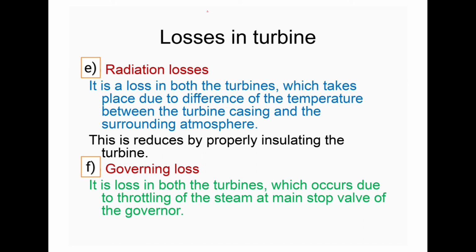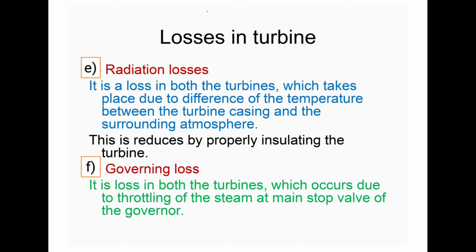Then the governing loss is a loss in both turbines which occurs due to throttling of the steam at the main stop valve of the governor. Losses also accumulate from the governing system, because the governing system has a transmission unit as well as a sliding unit and a rotary unit.